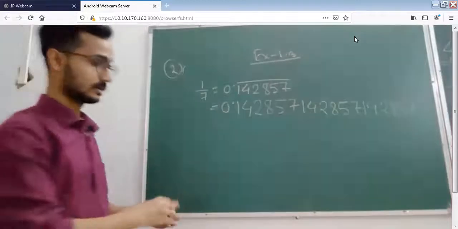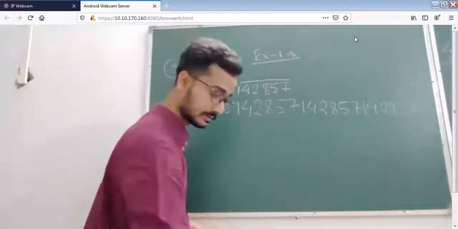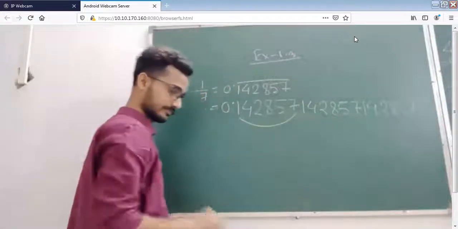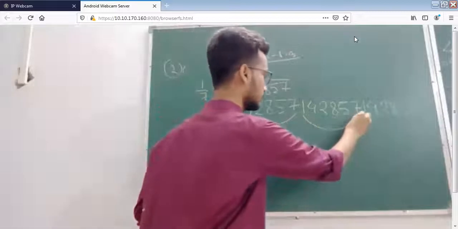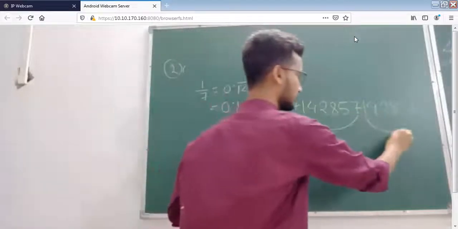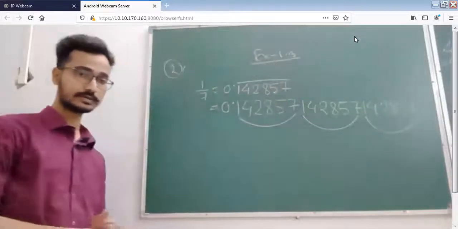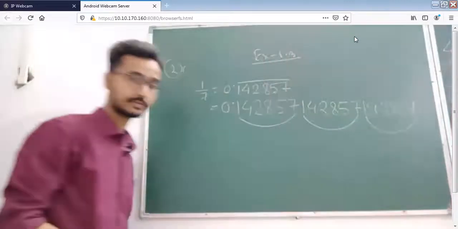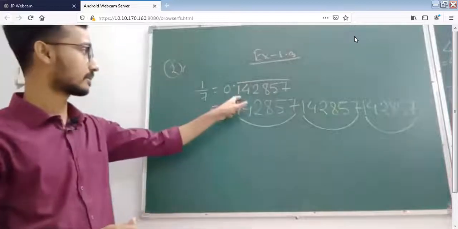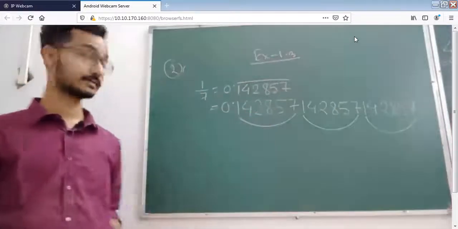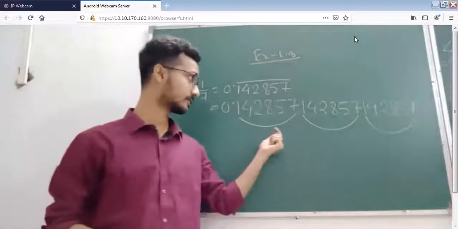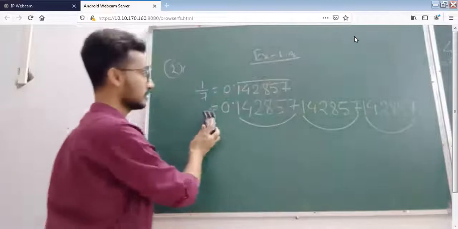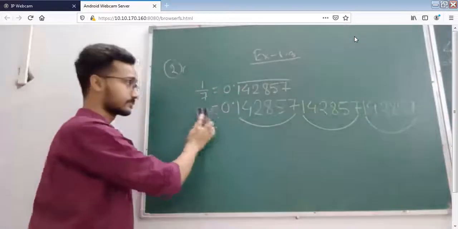So these 6 digits are repeating. So we can write down the repeating digits as 142857. That is, it is a rational number with a non-terminating recurring decimal expansion. I am writing this here for your understanding only.